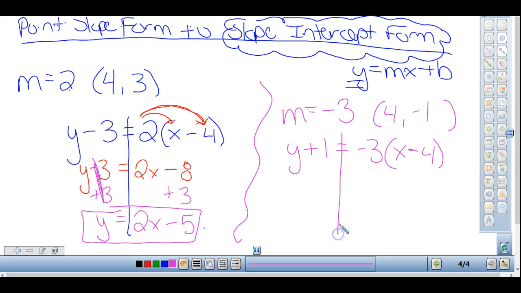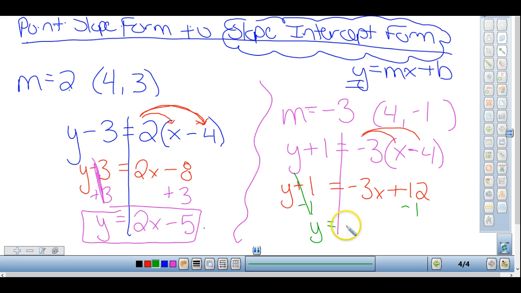Next step is to distribute. So y plus 1 equals negative 3x. Now be careful, negative times minus. If there's a negative on the outside and minus on the inside, it turns into a plus 12. So be careful with that. And then my last step, move this 1. So minus my 1, y equals negative 3x plus 11 is going to be my answer.